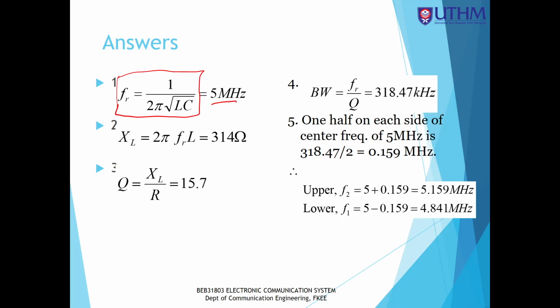You can try. I think the value is not exactly 5 mega. In your lecture notes, it has been rounded up to 5 megahertz. Actually, I think it's 4 point something or 5 point something, so it is not exactly 5 megahertz. In your notes, it has been rounded up to make it easy for you to understand.